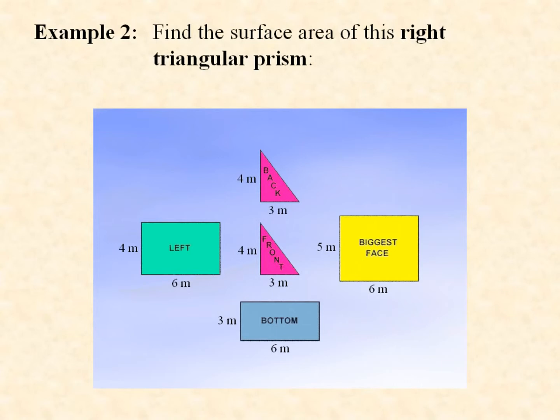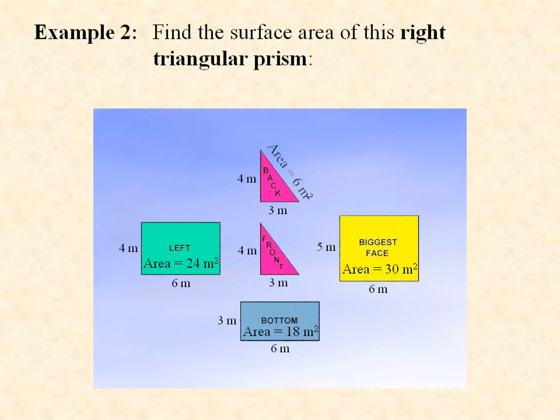Let's see. We've got to find the areas of these faces. The area of the left face is 24 square meters because it's 4 meters times 6 meters. The area of the biggest face is 30 square meters because it's 5 meters times 6 meters. The area of the bottom is 18 square meters, 3 meters times 6 meters.